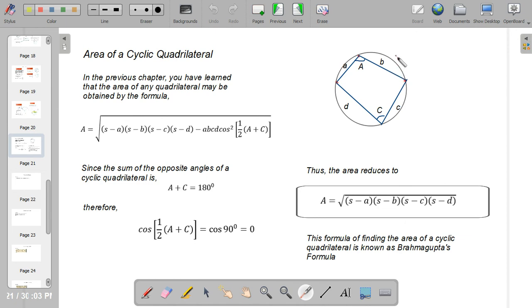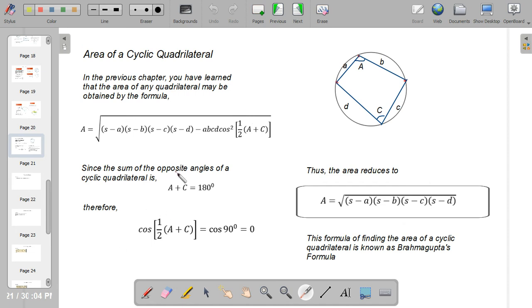Now, in the previous chapter, you have learned that the area of any quadrilateral may be obtained by this formula, where area is equal to the square root of (s minus a)(s minus b)(s minus c)(s minus d) minus abcd cosine squared of 1/2 of the sum of the opposite angles. Now, in this drawing, you can see the opposite angles are A and C. So 1/2 of this and then cosine squared.